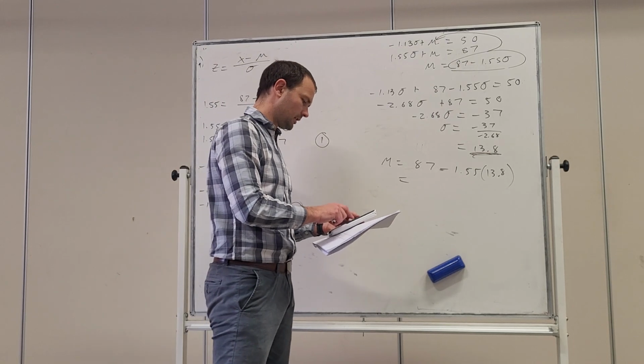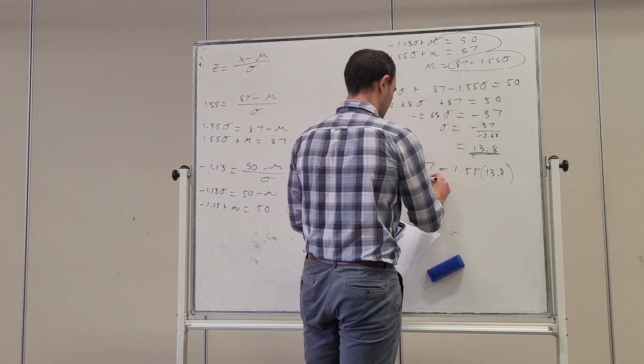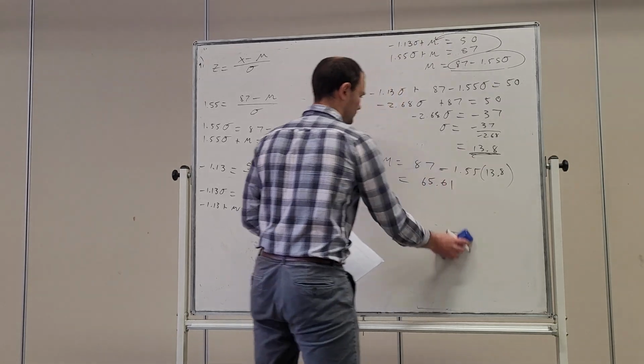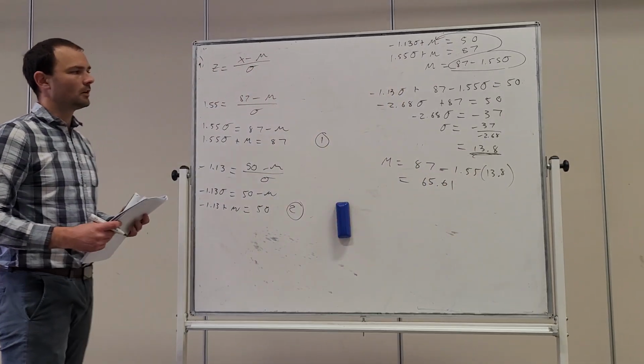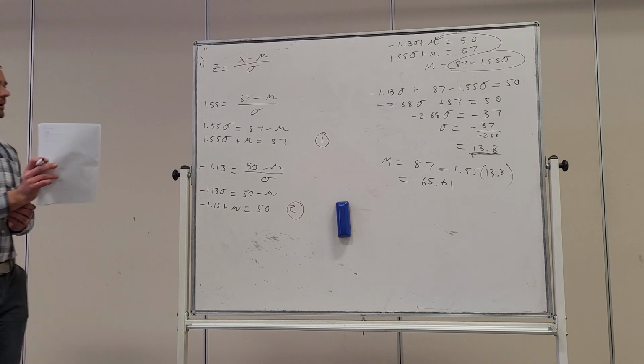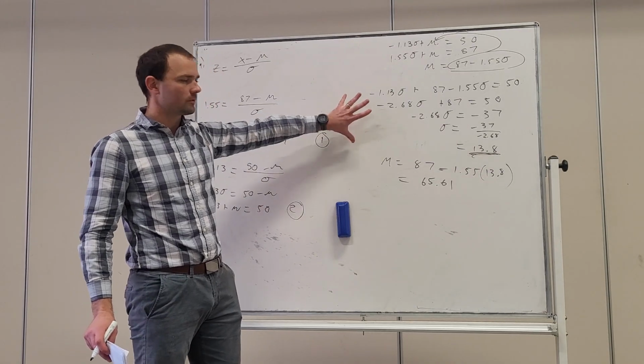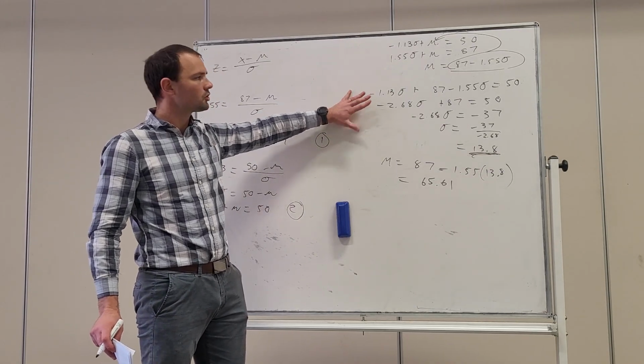That gives 65.61. So we found the mean and we found the standard deviation. Now, I don't want us to get bogged down in the substitution. It's a skill that is assumed knowledge.